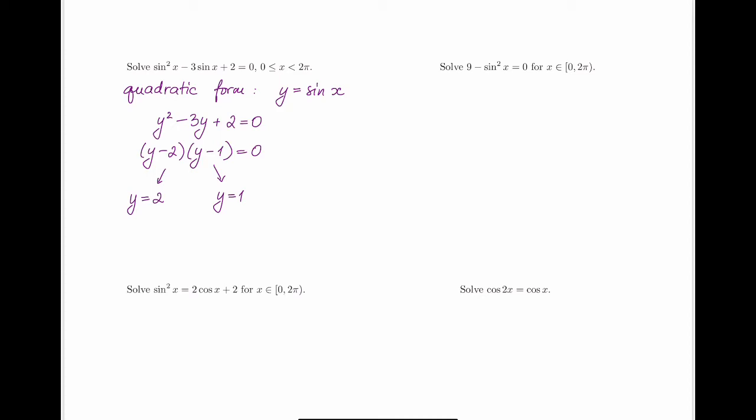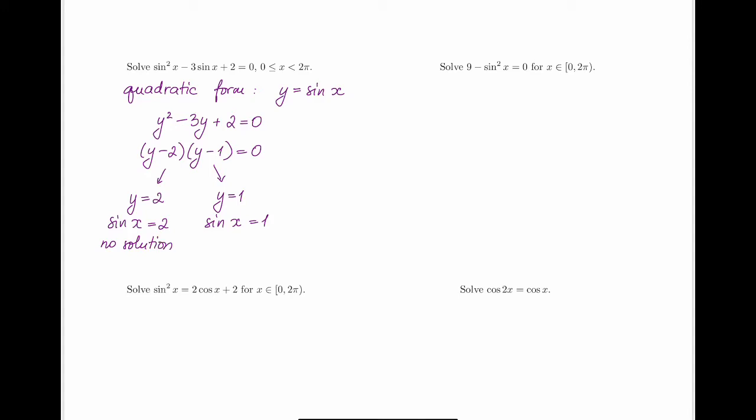Now that I've solved the equation for y, I can come back to the fact that y was actually sine of x and replace it with that. So this gives me that sine of x is 2, and this other side gives me that sine of x is 1. Now, sine of x equals 2 has no solutions because no angle will produce a sine value outside of the range -1 to 1. So this side gives me no solutions.